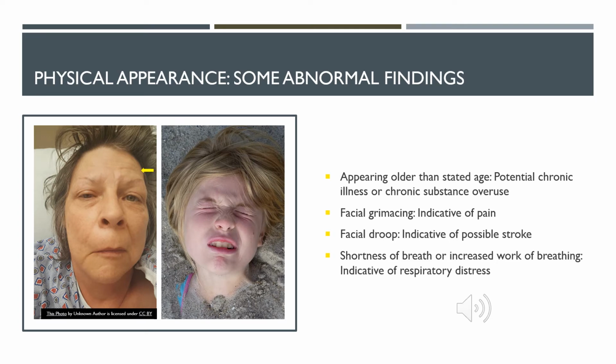And that's indicative of pain, or can be indicative of pain. On the left-hand side, you see a picture here of a person who has facial drooping, which could be indicative of a stroke. And another abnormal finding in physical appearance could be shortness of breath or increased work of breathing, which would indicate that the client could be experiencing respiratory distress.